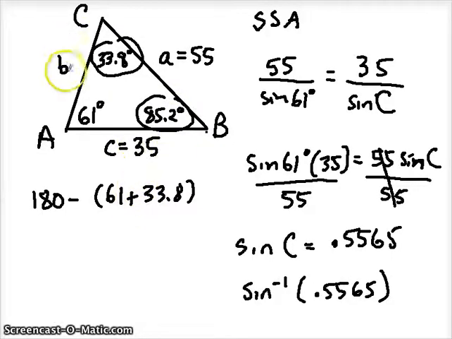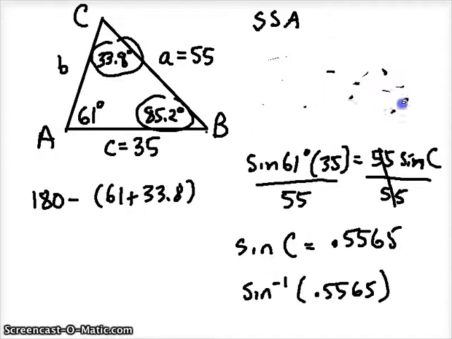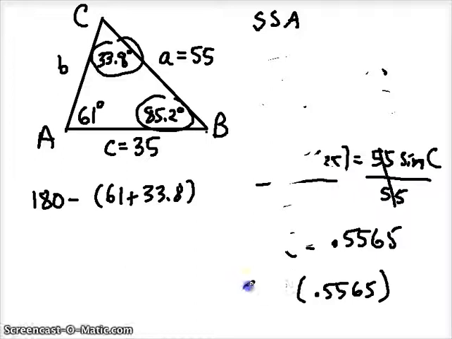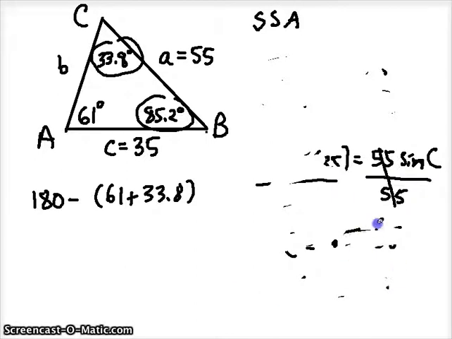Last thing we need to do is solve for side length B. So we'll set up one more ratio here. Again, we're going to start with the ratio that we were given at first because it improves our accuracy.